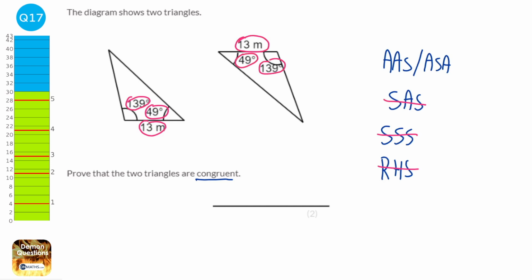So it's going to be this one here. So we're going to say ASA, or we could say AAS stroke ASA, or just leave it as ASA. I probably would leave it as ASA to say it's the angle, side, angle.